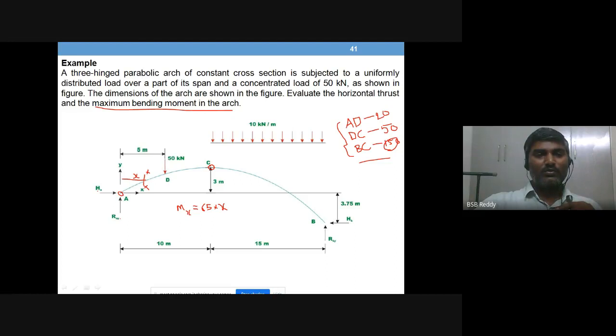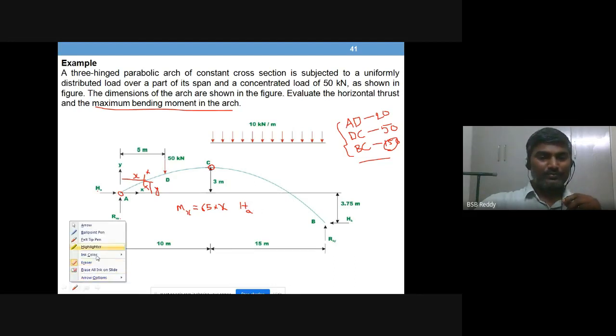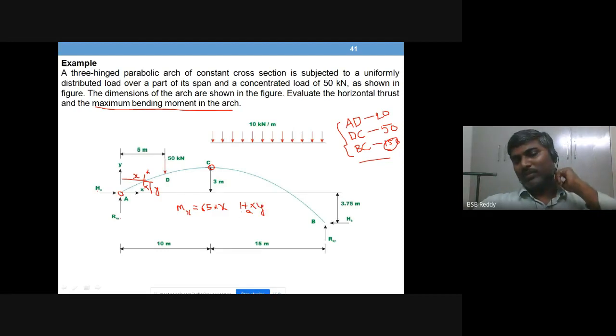Next, HA into y, the vertical distance of the selected point from the horizontal line at point A. HA is nothing but H, 133.33.